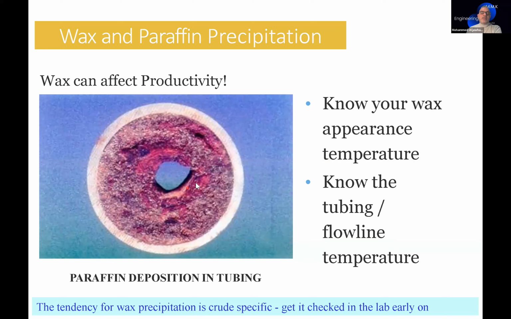So is it in the tubing, in the casing, in the flow line? We need to monitor these things very carefully and very closely. Otherwise, we can lose those wells. So the samples go to the lab, and the results are very important to be considered and monitored very well.